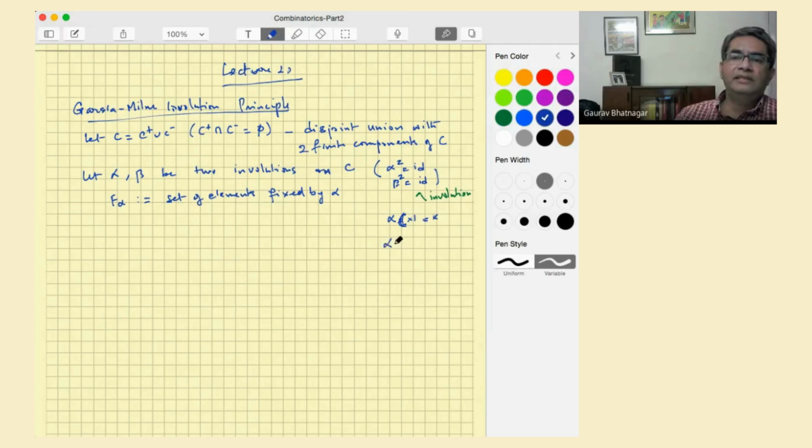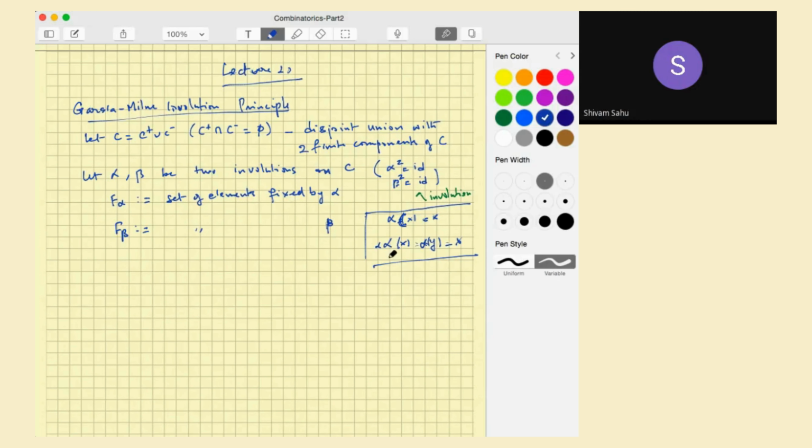And in some cases, alpha x is y, some y, and alpha of alpha y is equal to x. That is what involution means. So if this happens, this is called a fixed point. F beta is the set of elements fixed by beta.